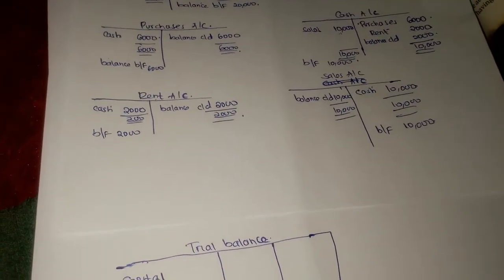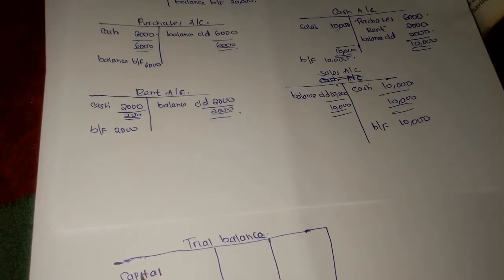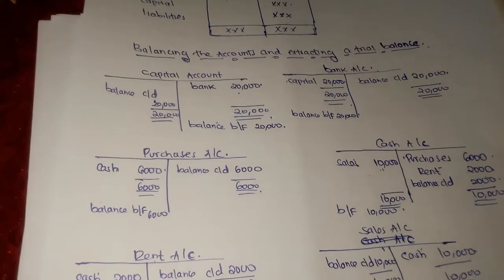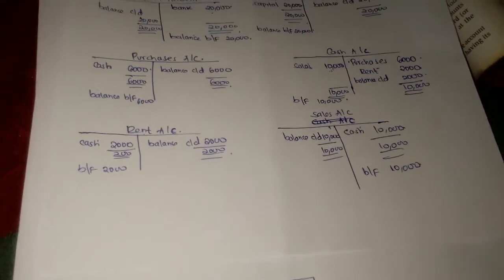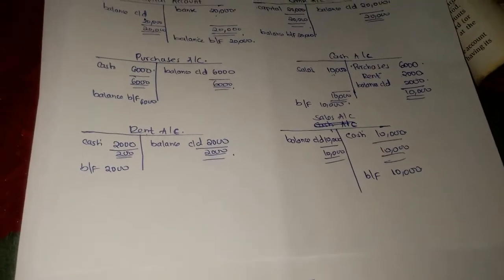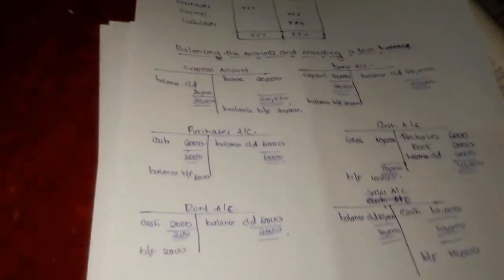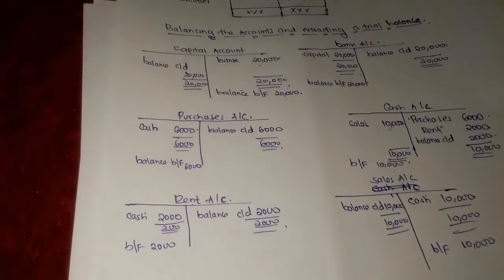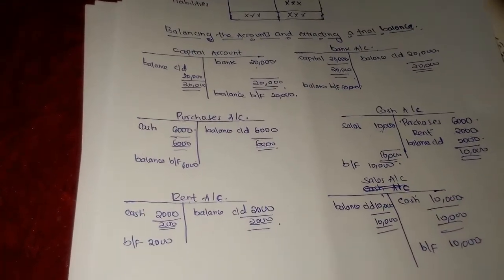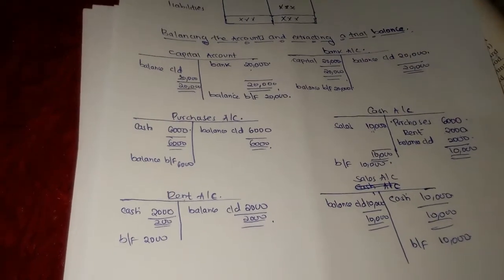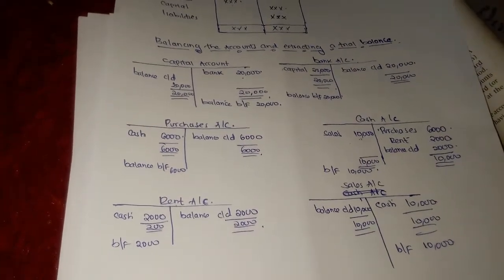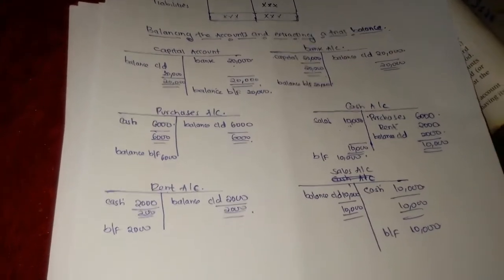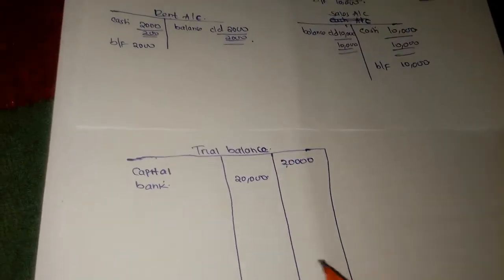Remember, when I started, I said capital is on the credit side, and by how much? Look where my capital brought forward is, on the credit side. You can see, even so easy, 20,000. Then another part is the bank account, which is 20,000 on our debit side.